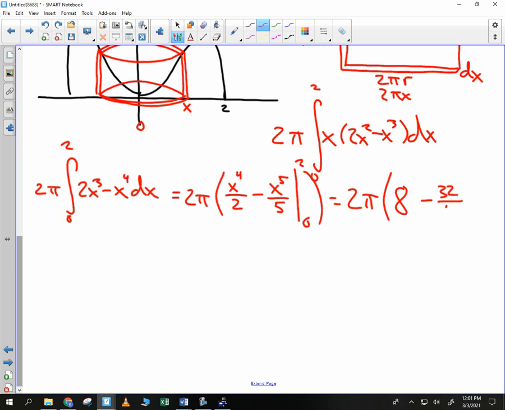So 2 pi times 40 over 5 minus 32 over 5.